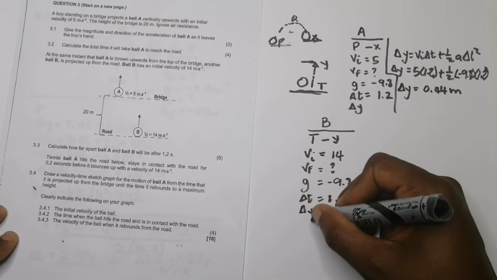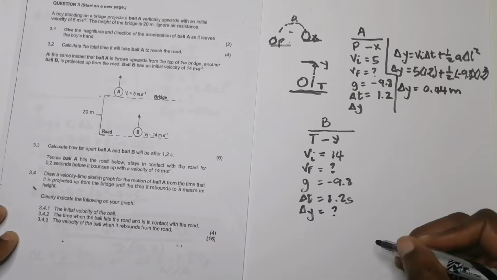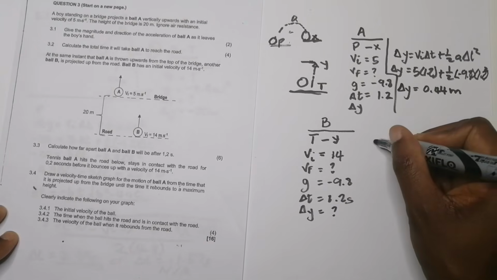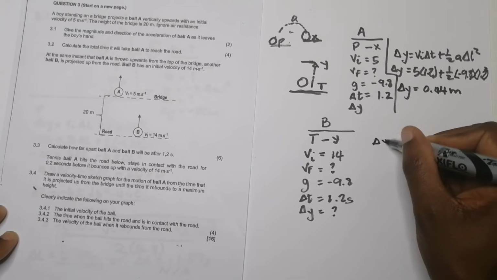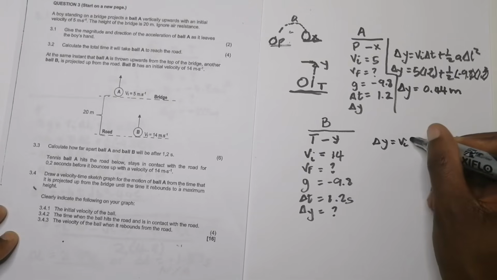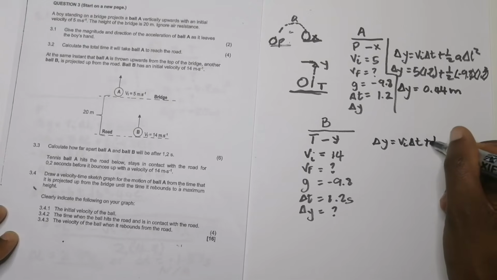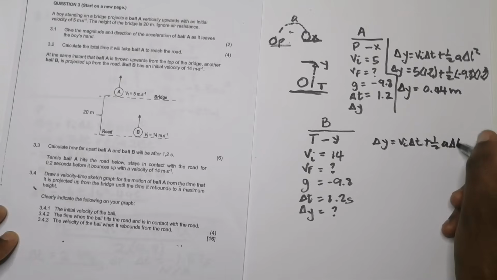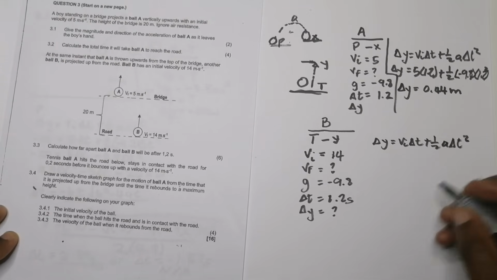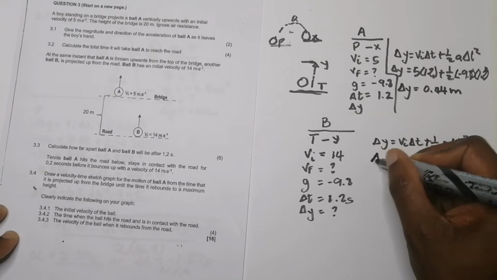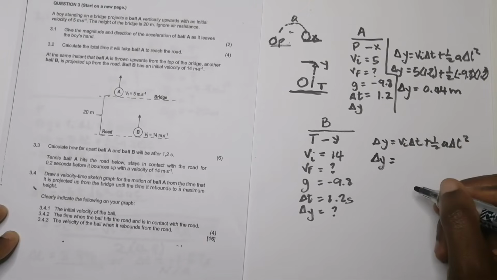We are looking for displacement for ball B, and we're going to do the same thing. So this is going to be delta y again: vi delta t plus 1 over 2 a delta t squared. Let's substitute. I'm looking for delta y.